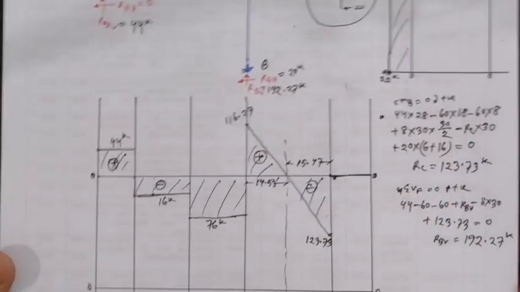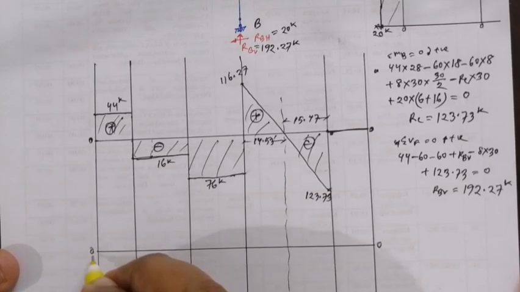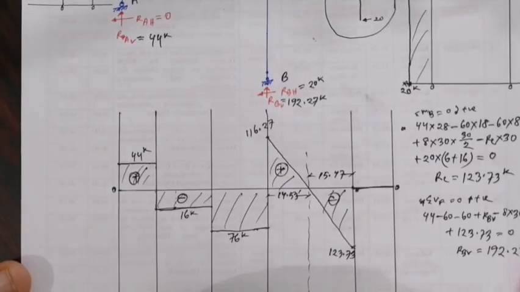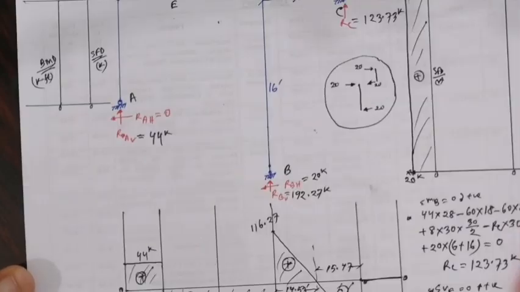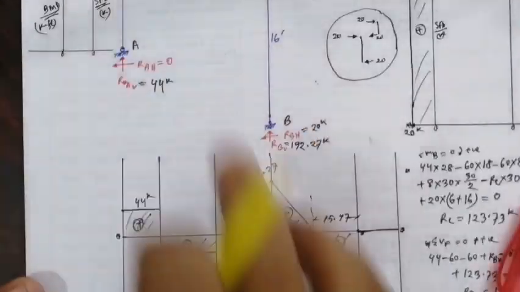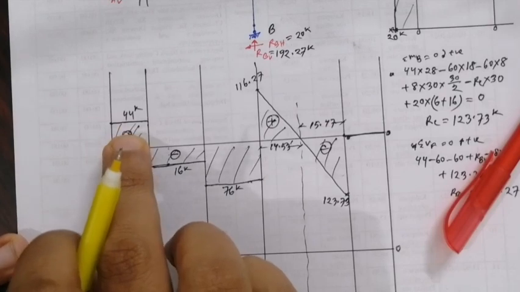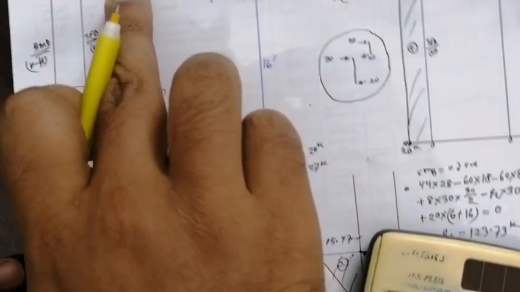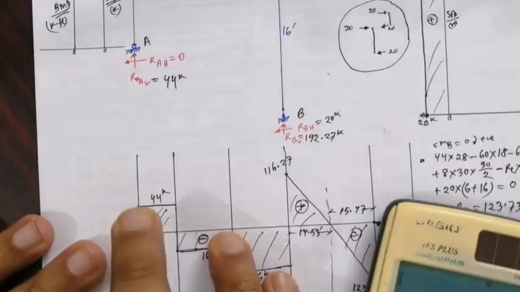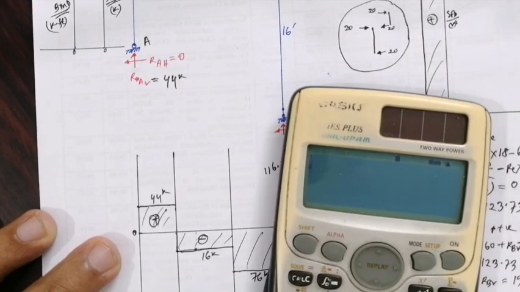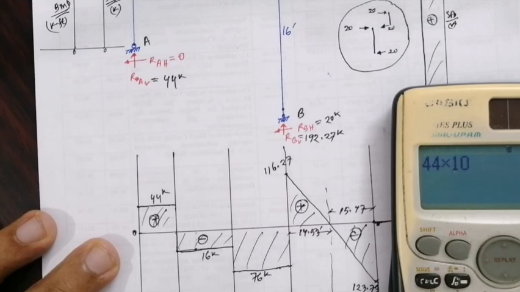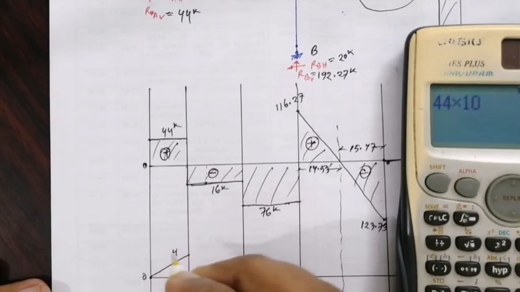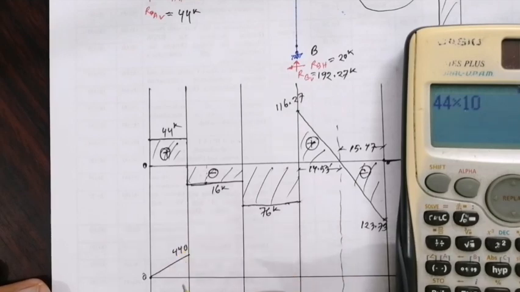Now for this BMD, there is no moment here, so it starts from 0. We can calculate it by the area method. Here the area is 44 into 10, positive, so we get 440.